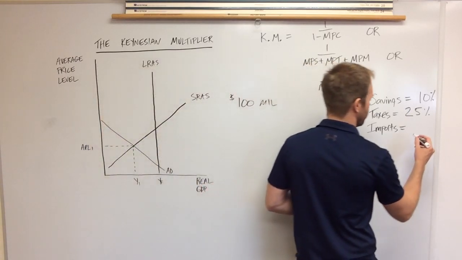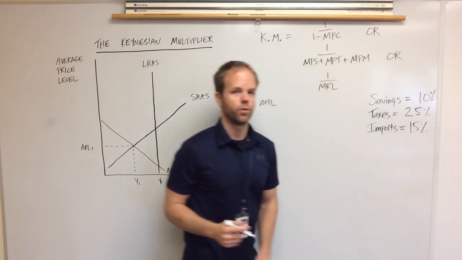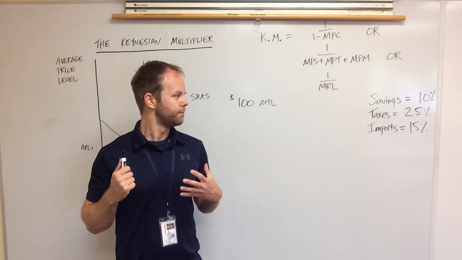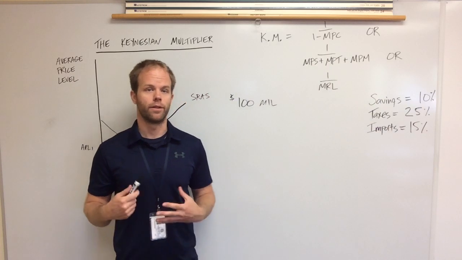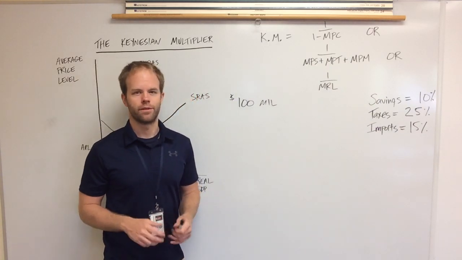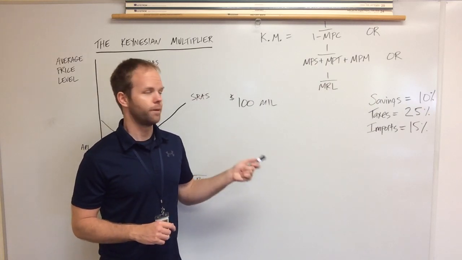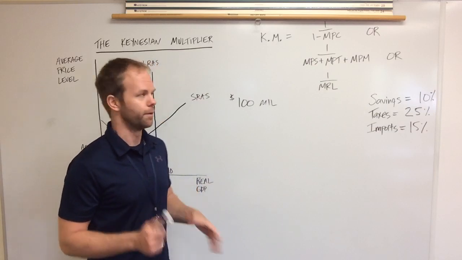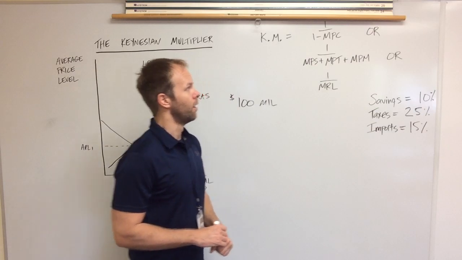That's also pretty low. We live in a globalized world where most countries try to specialize in a narrow range of products that they're really good at making, and they just try to import the rest that they maybe aren't very efficient at making. So those are probably pretty low rates of leakages, but we're going to keep it simple for the purpose of trying to understand what this Keynesian multiplier idea is.